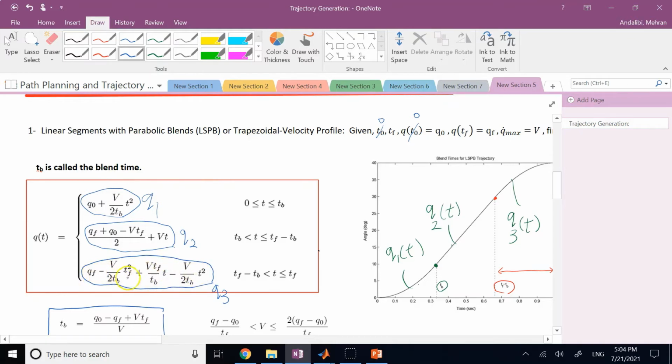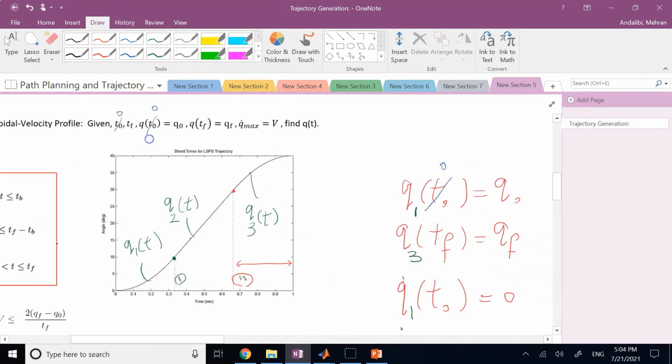And simplify, then these 2 negative 1/2 terms with this 1 positive full term would go away. So all of the 3 terms would vanish, simplify together. You'll get your qf. If you look at the slope, q dot at time t0, clearly this is going to be 0. If you look at the slope, q dot at time tf, again, you can easily show that it's just these 2 terms that have time derivative.